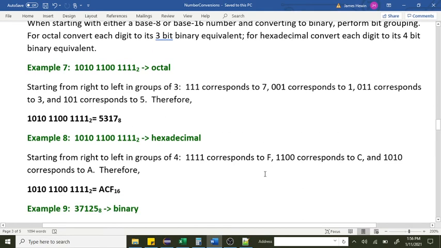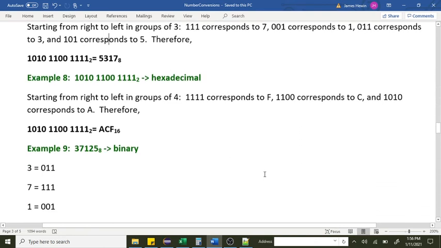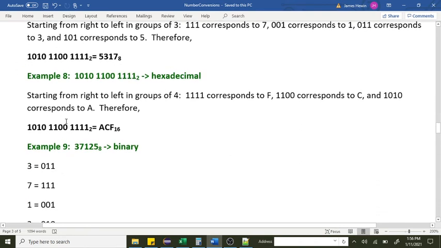And in this one, I picked the same number here in binary to go to hexadecimal. The only difference is we're grouping 4 now. So here, 1111 corresponds to F, 1100 corresponds to C, and 1010 corresponds to A. So this same binary number equals 5317 in octal and ACF in hexadecimal.